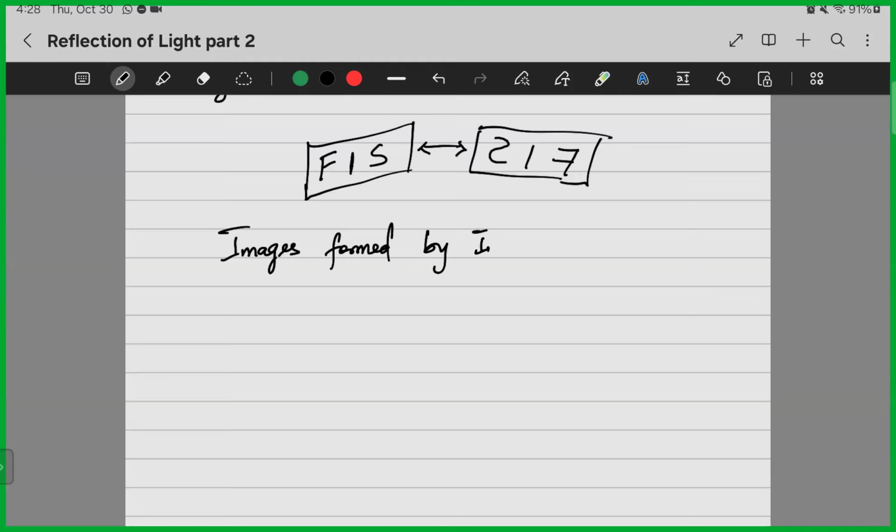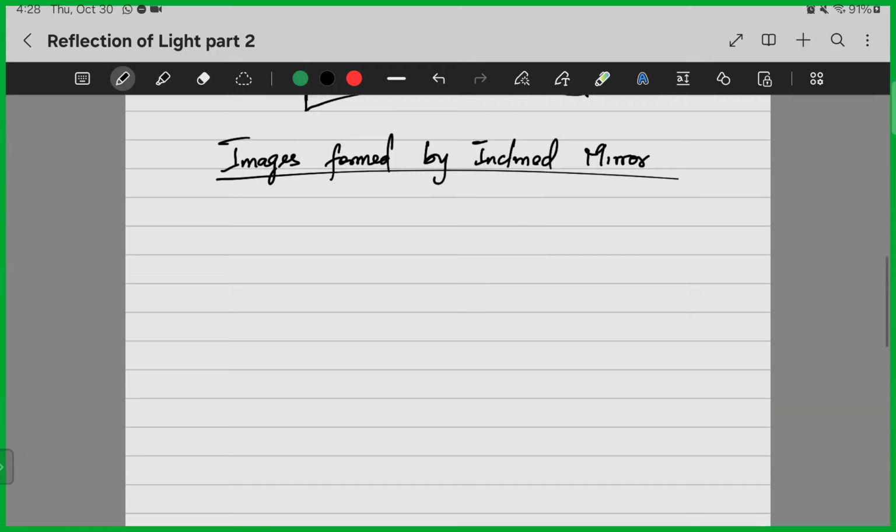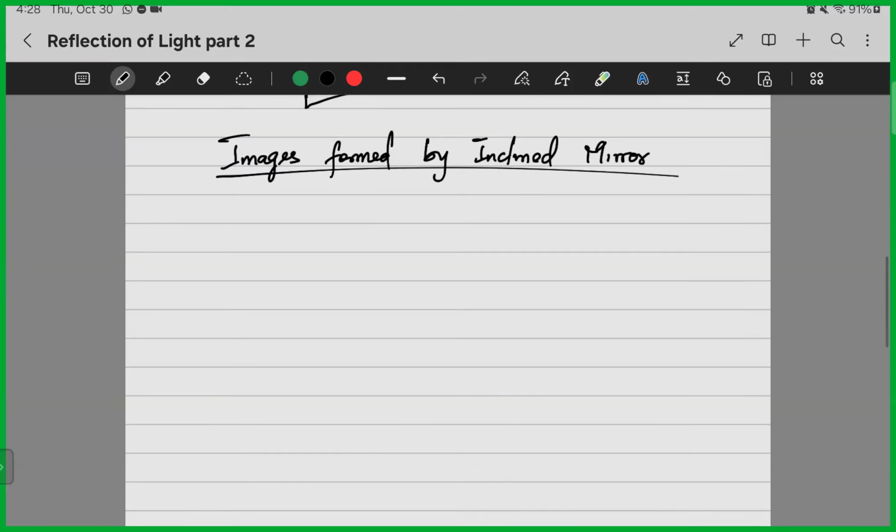Let's now talk about an important subtopic: images formed by inclined mirrors. That's a very important one, and this one shows up in exams. When two mirrors are placed at an angle to each other, let me make that statement.